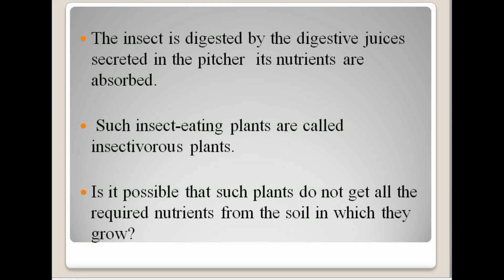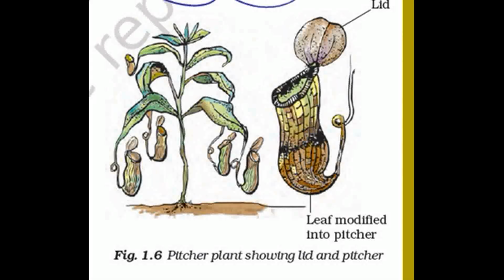The insect is digested by the digestive juice secreted in the pitcher. Its nutrients are absorbed. Such insect-eating plants are called insectivorous plants. It is possible that such plants do not get all the required nutrients from the soil in which they grow.